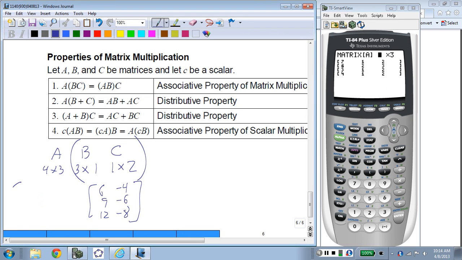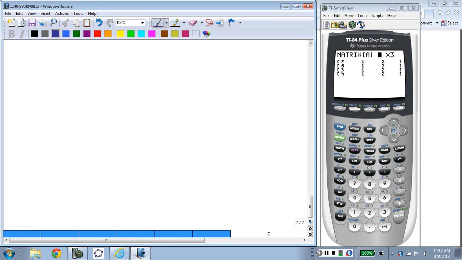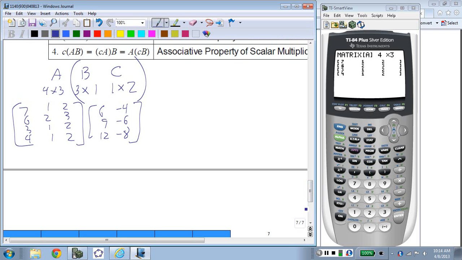It was something that looked like this: 7, 1, 2, 6, 2, 3, 3, 1, 2, and 4, 1, 2. Now I want to get the calculator to multiply these two matrices together. It's a 4 by 3 multiplied by 3 by 2. So it ought to give us a matrix of what order? 4 by 3, 3 by 2. Ought to be a 4 by 2.